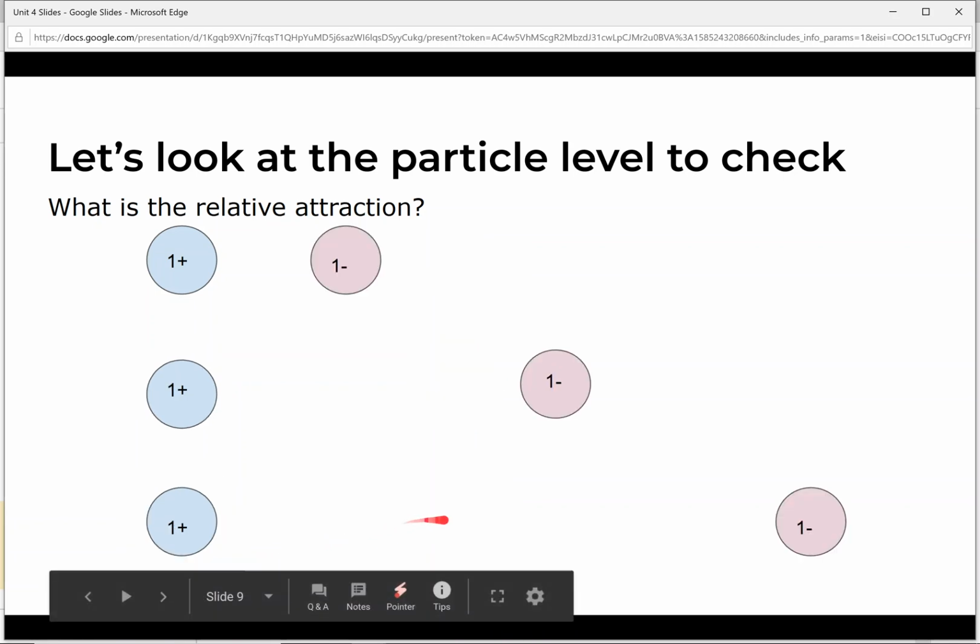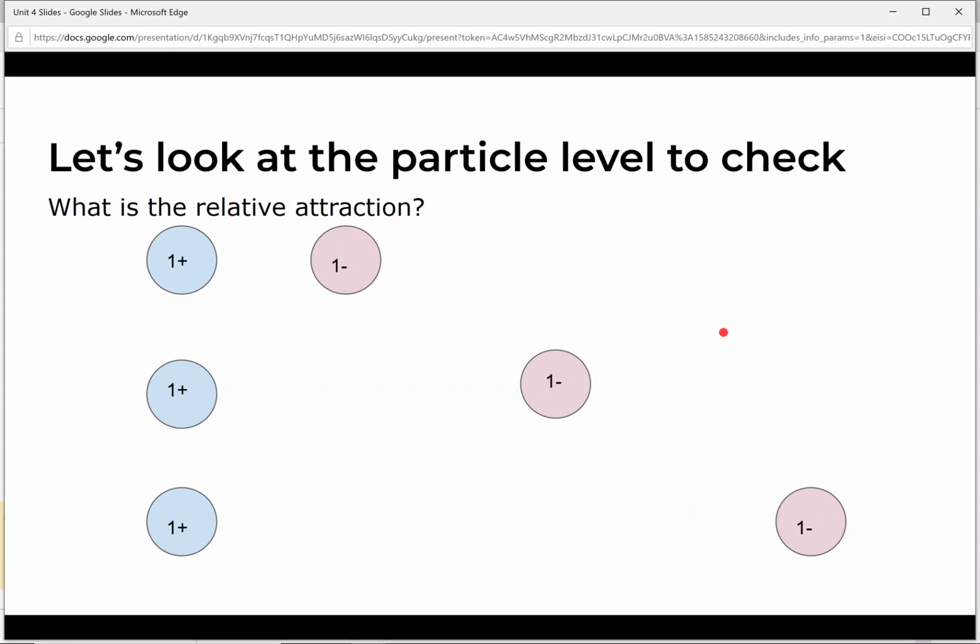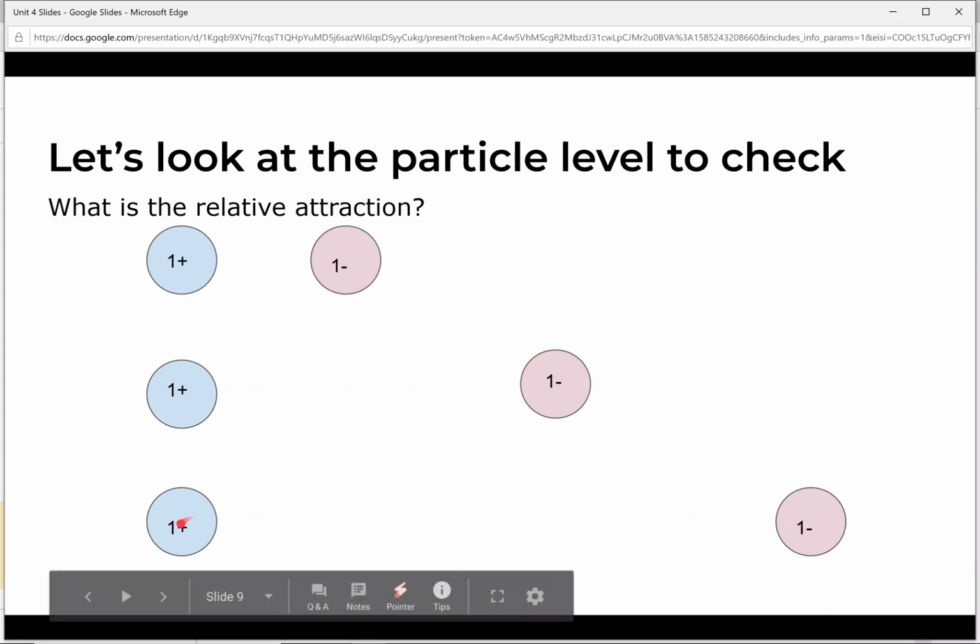If we keep moving forward, we again have 3 different pairs: the top pair, middle pair, bottom pair. Which one of these pairs should be most attracted and why? If you said the top pair, that's correct. Again, we're looking at our 2 factors, distance and number of charge.